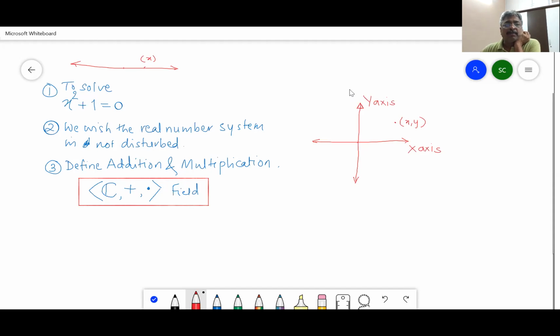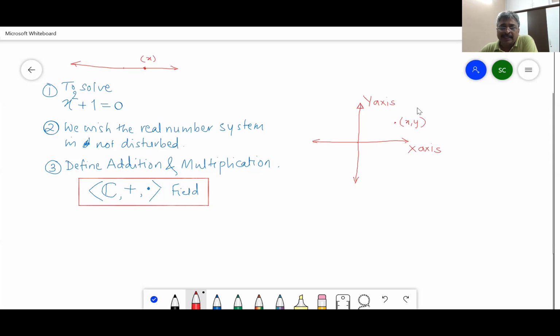The more dimensions you add, you get ordered pairs, ordered four numbers and so on. So this is a one-dimensional system. You have only one number in the bracket specifying the position of that point on that line. The moment you have an ordered pair, you have two numbers specifying the position of that point. Exactly like two-dimensional geometry, x indicates the distance from the y-axis, y indicates the distance from the x-axis.